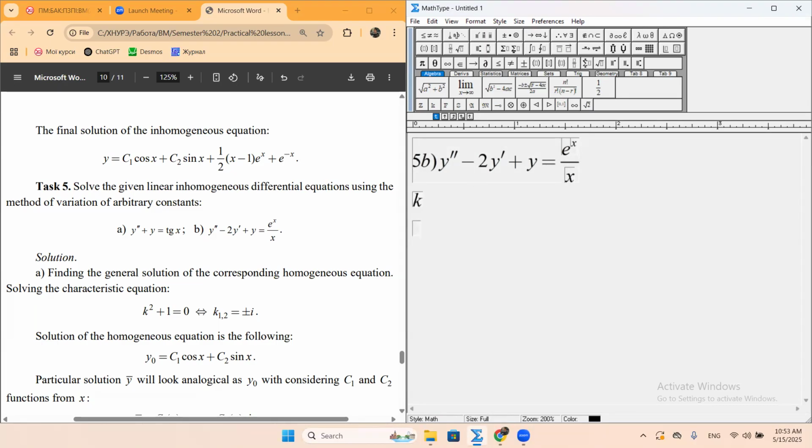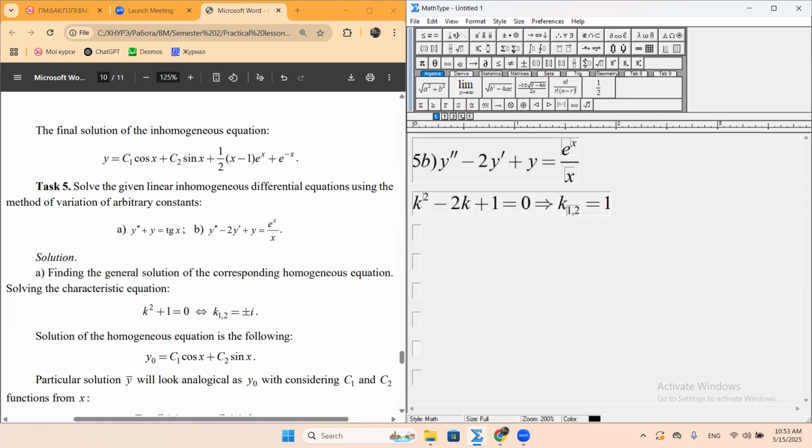So the characteristic equation is the following: k squared minus 2k plus 1 equals 0, and it means that k1,2 equals 1.